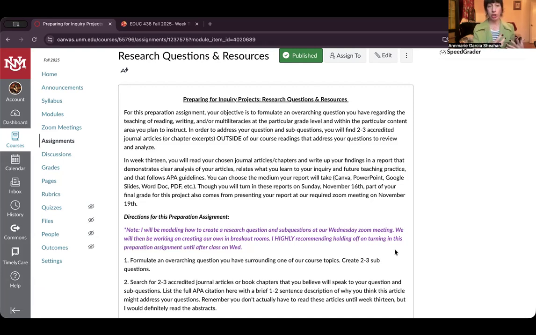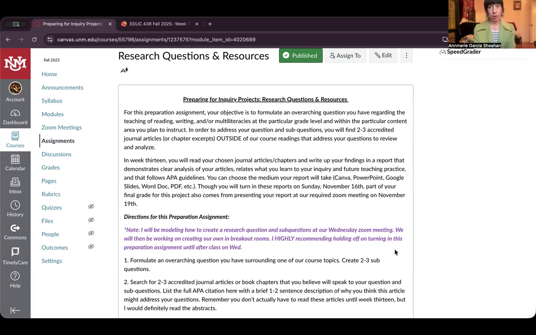My research question would, of course, clap back to the subject area and the grade level that I plan on teaching. In order to address your question and sub-questions, you will find 2 to 3 accredited journal articles or chapter excerpts outside of our course readings that address these questions to review and analyze.